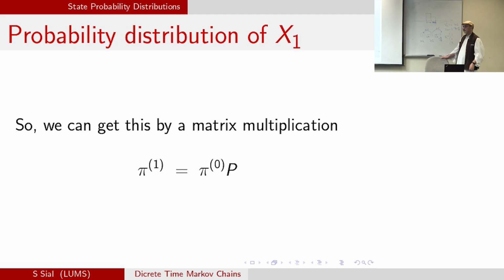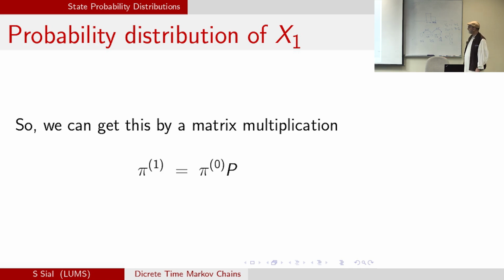This row vector in our example is 0.3, 0.7, and 0. In our example here, that pi of 0 is 30%, 70%, and 0%. And this P is the pij's. These are these numbers over here.